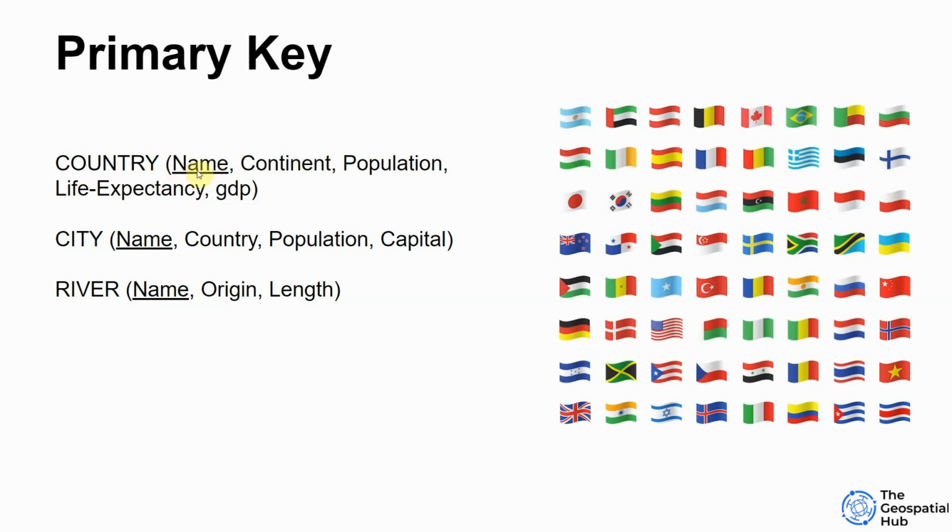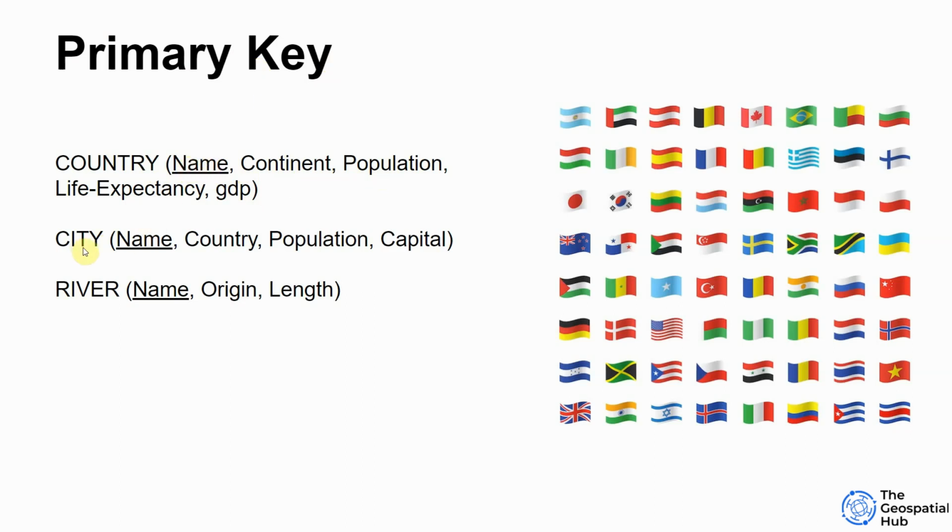So the primary key here is the name. That is why it has been underlined. It is a way to uniquely identify the country. Now two countries might have similar GDP or similar population, but they can never have the same name. So that is why the primary key is a way to uniquely identify items in a table.